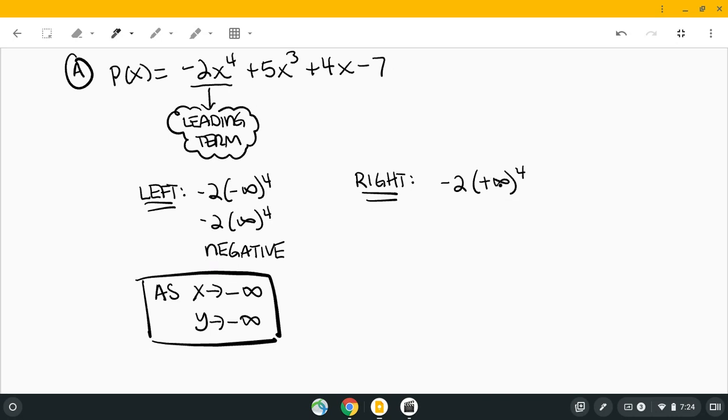So positive to the fourth power will give me a positive result, and then positive infinity to the fourth is just really huge, times negative 2 is negative, right? So on the right-hand side, my graph will be falling as well. As x goes towards positive, towards the right, my y values, my graph starts to fall. Okay.